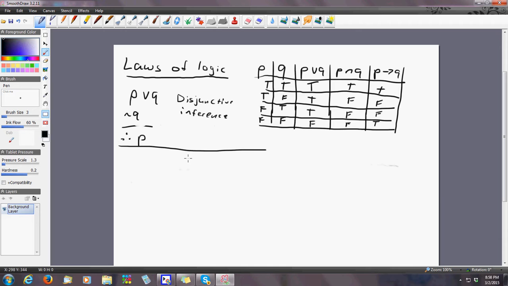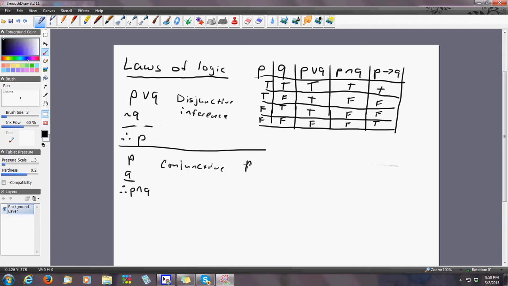So that's disjunctive inference. If we're working with conjunctions, I can say if I have P is true and I have Q is true, I can therefore say that P and Q is true, and that's a conjunction. I suppose you could call it conjunctive inference, but I'm not 100% sure.